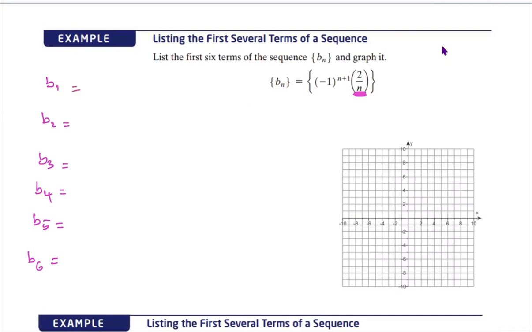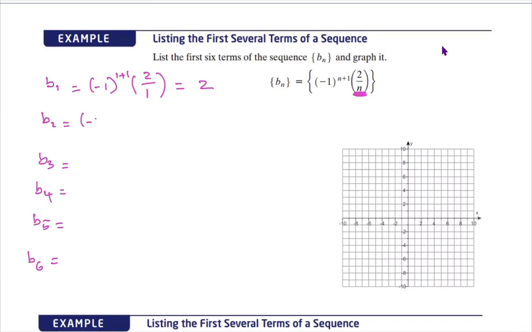Okay, so that is -1 exponent 1 plus 1 times 2 over 1. So that is 2. So -1 squared is 1, and 2 over 1 is 2.